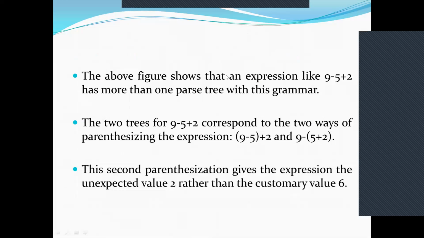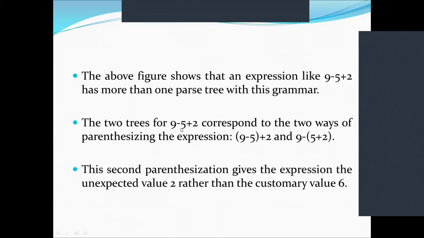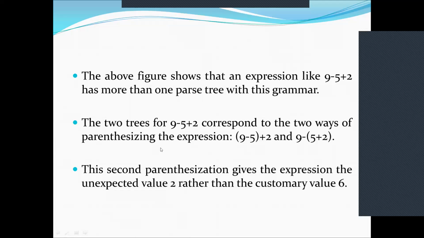The above figure shows that an expression like 9 minus 5 plus 2 has more than one parse tree with this grammar. As I said, it has got two parse trees. The two trees for 9 minus 5 plus 2 correspond to the two ways of parenthesizing the expression.